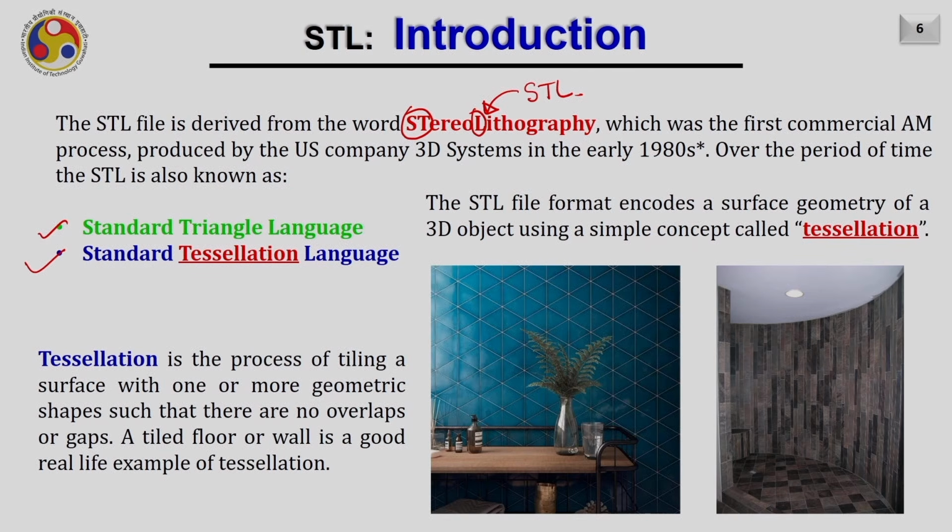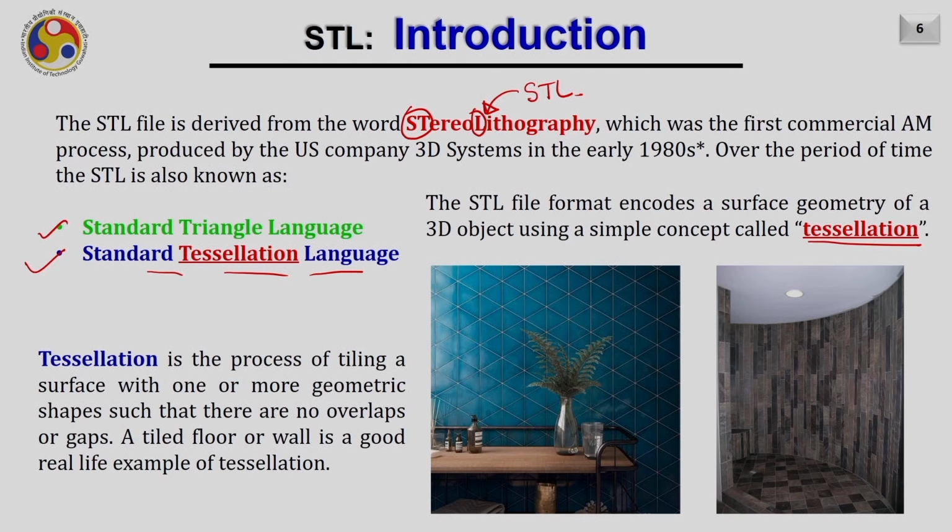The STL format encodes the surface geometry of a 3D object using a simple concept called tessellation. That is why over the period of time, like I said, the format is also known as Standard Tessellation Language, STL. What is tessellation? Tessellation is the process of tiling a surface with one or more geometric shapes such that there are no overlaps or gaps.